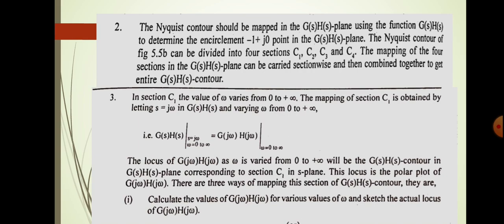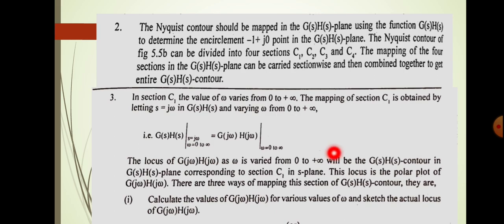So that contour will be the g of s h of s contour. That means the locus of g of j omega, h of j omega as omega is varied from 0 to infinity will be the g of s h of s contour in the g of s h of s plane. And that will be corresponding to the C1 contour in the S plane.